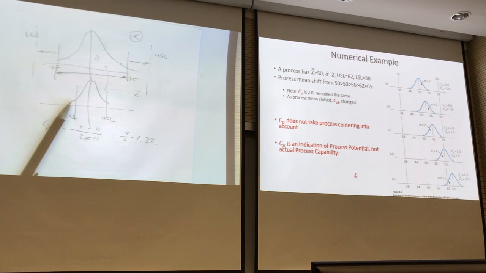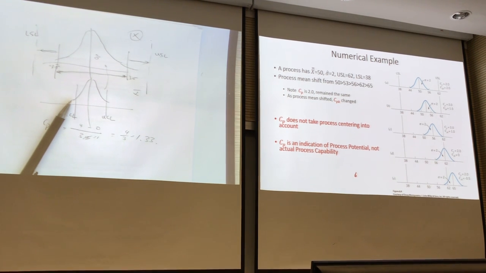So here is another example. A process has a mean, sigma is equal to 2, with an upper spec and a lower spec. What is the tolerance?